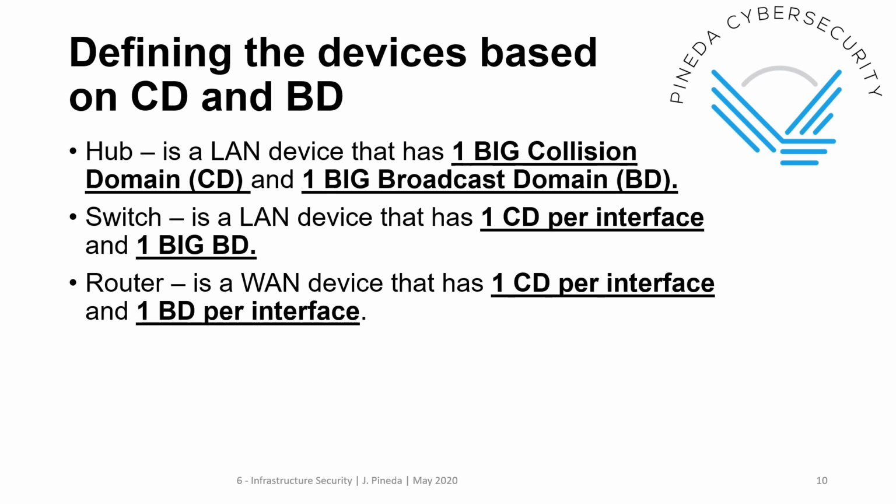So when we talk of collision domain and broadcast domain and use it to define devices, it will be like this. So when we say hub, it is a LAN device, which has one big collision domain and one big broadcast domain. So that means no matter how many devices are connected, only one device can send data, send message at a given time.